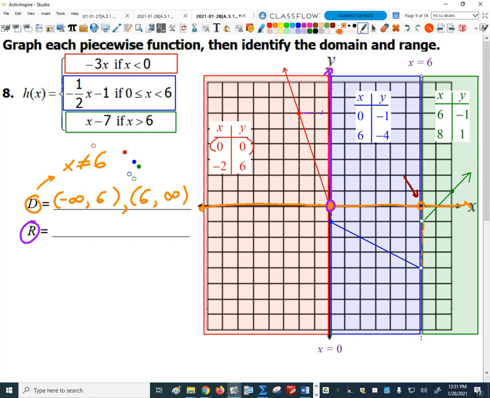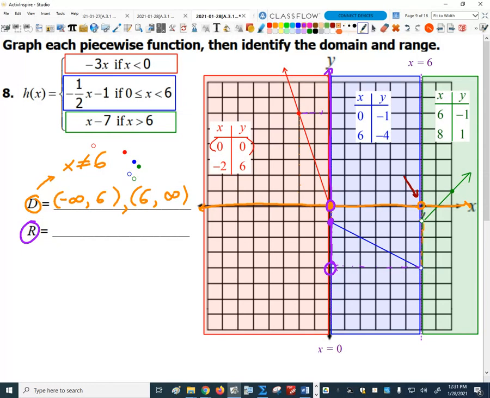Okay, what about the blue? If I project the blue over onto the y-axis, well, this point is already there, isn't it? So I've got a solid endpoint to my blue domain. The other blue endpoint, if I project it onto the y-axis, it gives me an open endpoint right there, and then all of the other y values in between would get filled in. Okay, what about the green range?